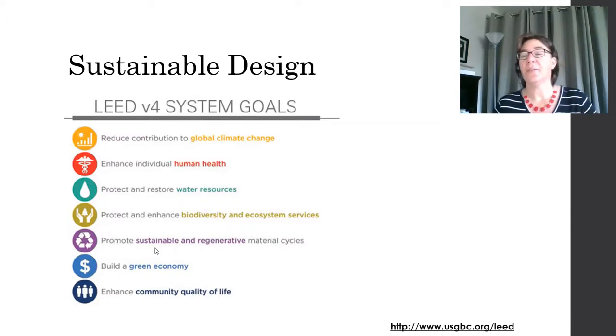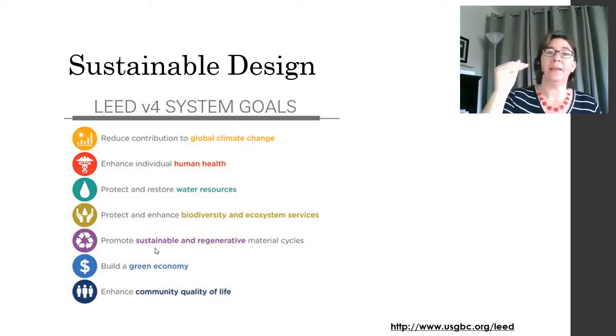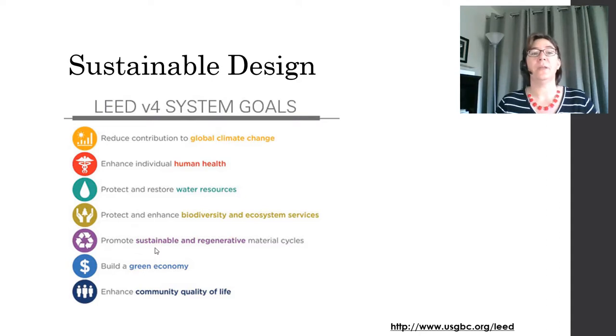Here is another set of sustainable design goals. If you compare the two, this slide with the last slide, you'll see that there is a lot of overlap. That's not surprising. But this is leading us right into our discussion of the LEED system. So the LEED system has goals, and they include reducing contribution to global climate change.